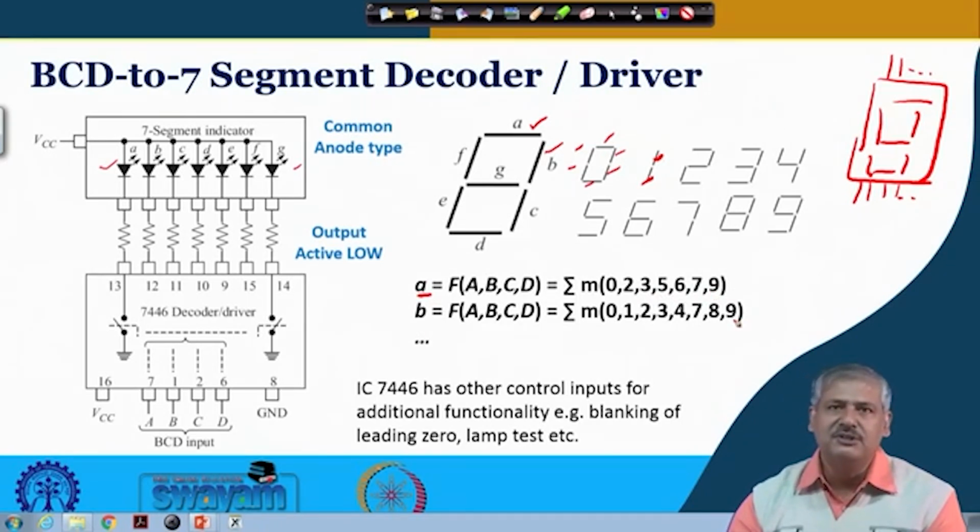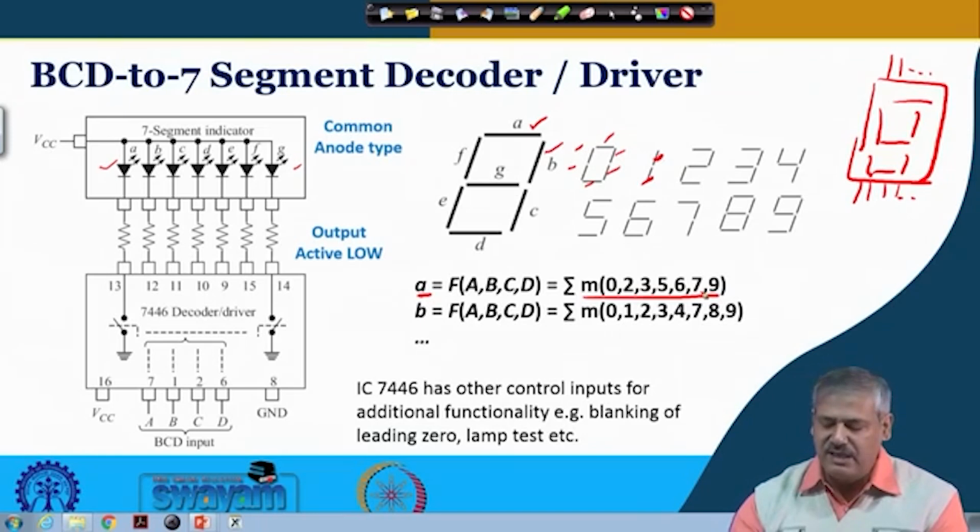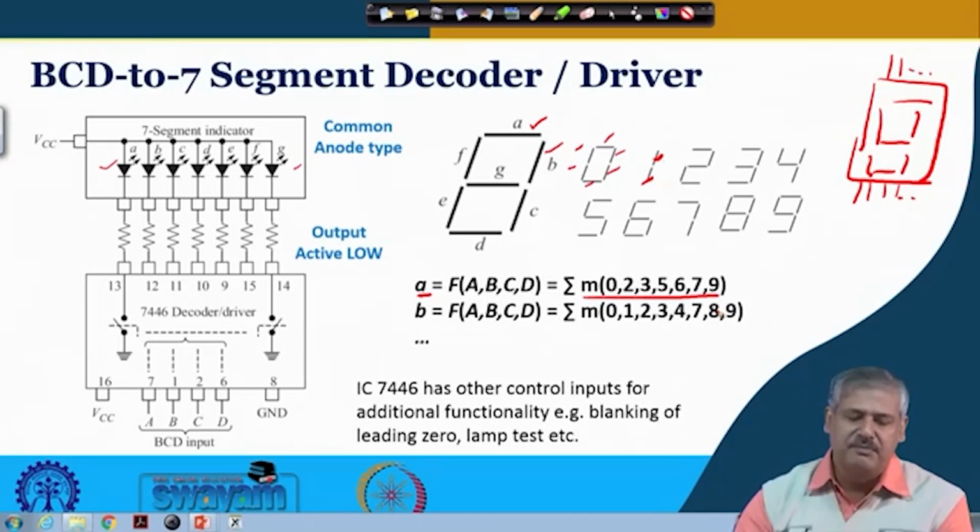So, what you can do? You can generate all these possible cases and then these min terms, and you can simply sum them up. This is one way of generating the circuit. Basically this is what you are looking for when you are generating a BCD to 7 segment decoder.